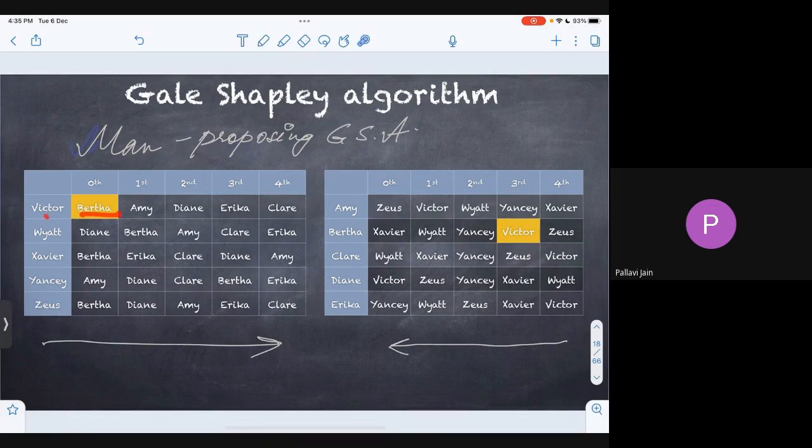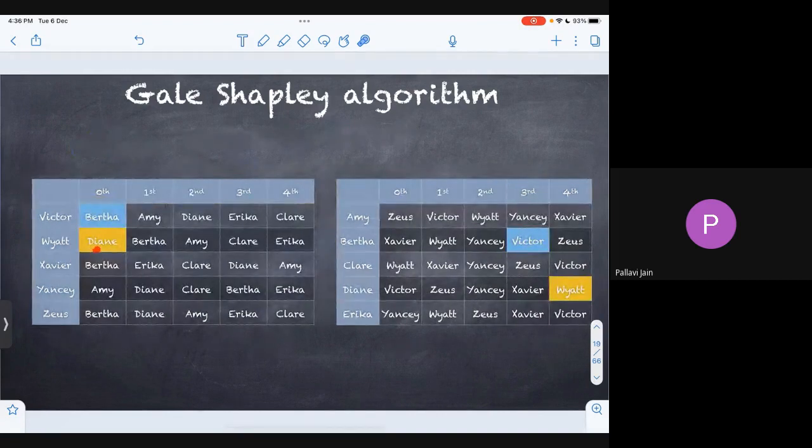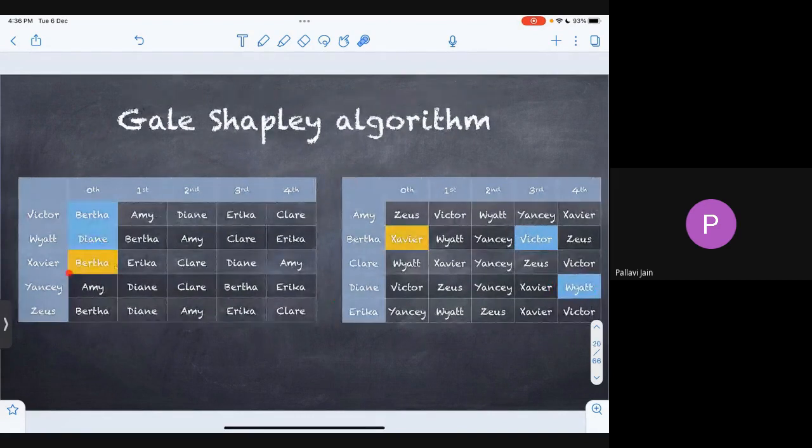So Victor starts by proposing to Bertha. At this very first step, Bertha is not holding any proposal, so she accepts it. They call it an engagement, not a marriage, but an engagement. Followed by that, Wyatt proposes to Diane. Again, this is Diane's first proposal, so she accepts. Followed by Bertha again.